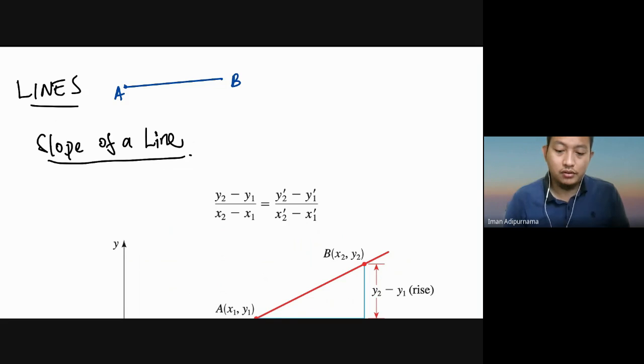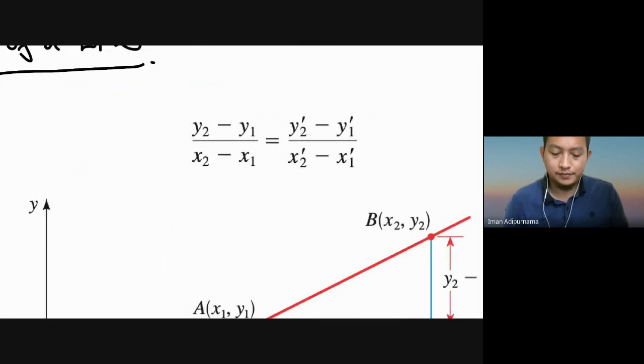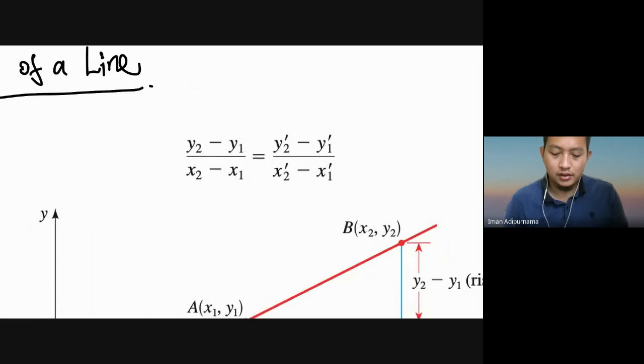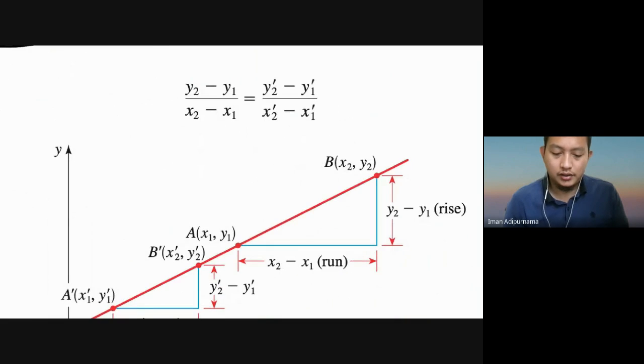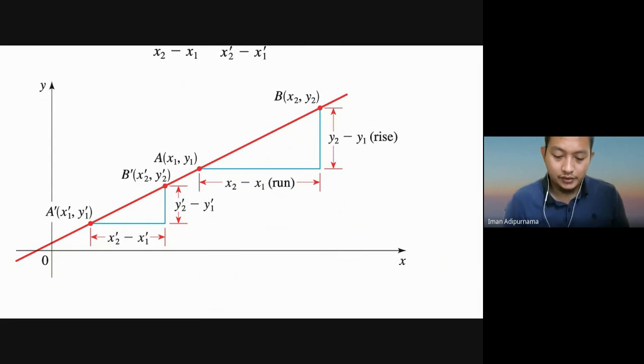We can say the slope is increasing because the angle is increasing. This is one. If you look at the overview, there is a line, the red line here.